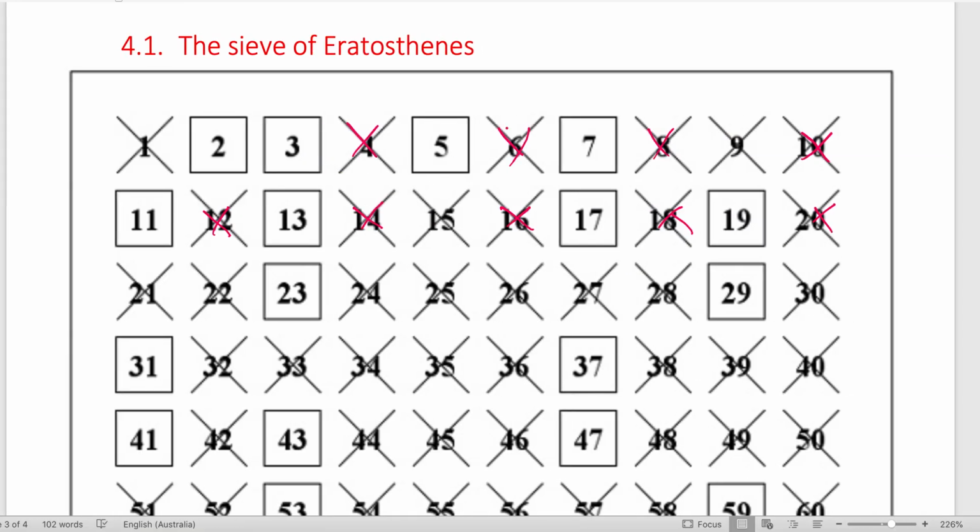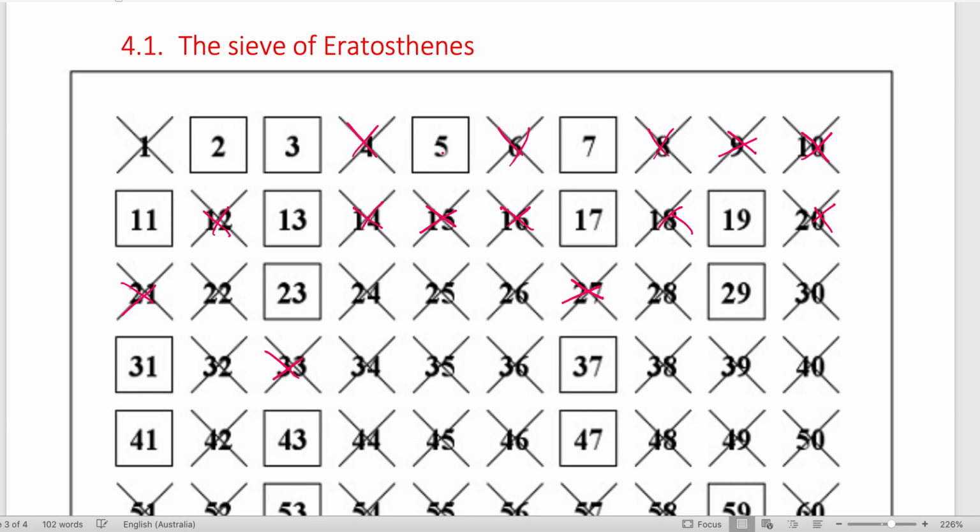The 6 is already crossed, but I'm going to cross the 9. Then the 12, which is already crossed, but that's okay. Then 15, then 18 is already crossed, but I'm going to cross the 21. Then 24, already crossed, so I'm going to cross the 27. Then 30, already crossed, but I'm going to cross the 33, and so on. And they keep on going, crossing like that.